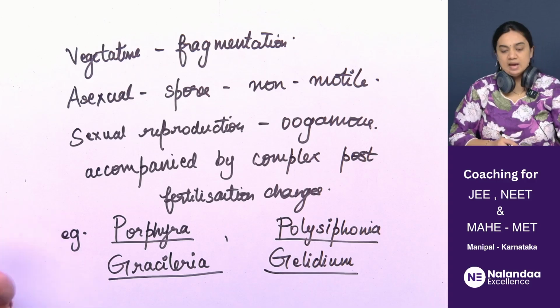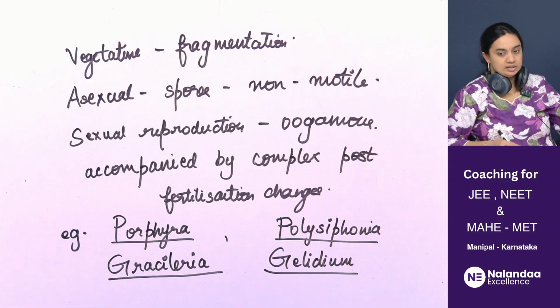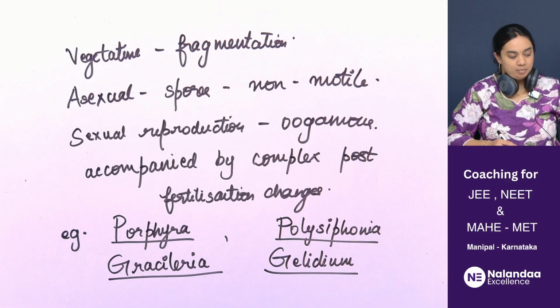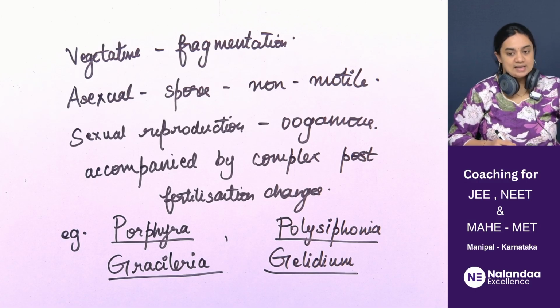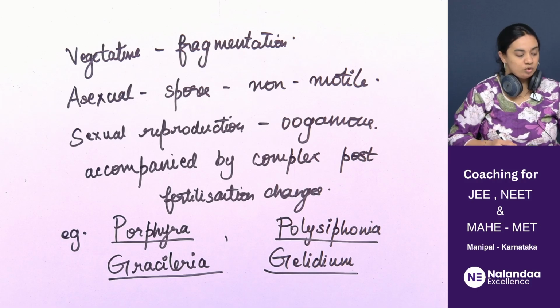Okay, examples P, P, G, G. Porphyra, Polysiphonia, Gracilaria and Gelidium. These are examples of class Rhodophyceae.